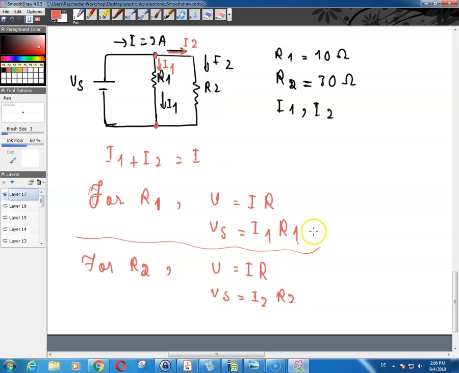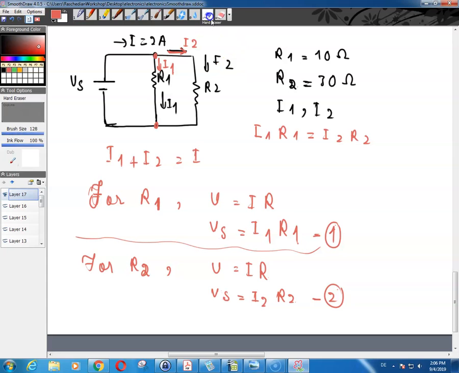Now if I call this equation number 1 and this equation number 2, this is V of S equal to I1 R1, and this is V of S equal to I2 R2. Since the V of S are equal, I can write I1 R1 is equal to I2 R2.